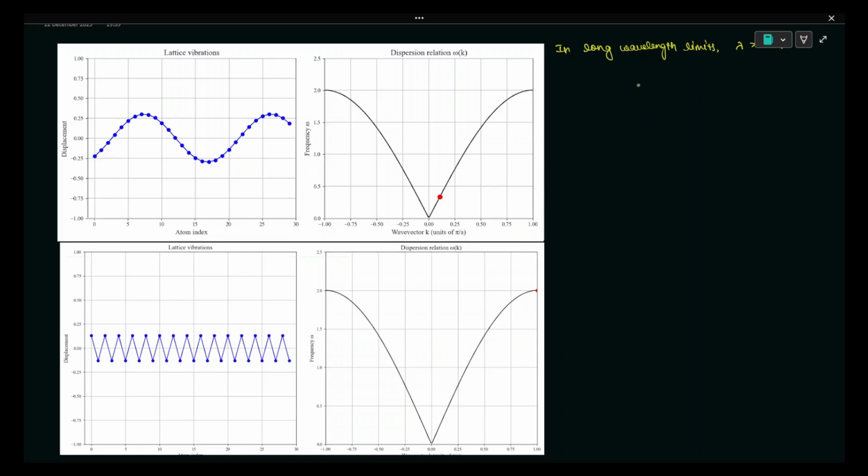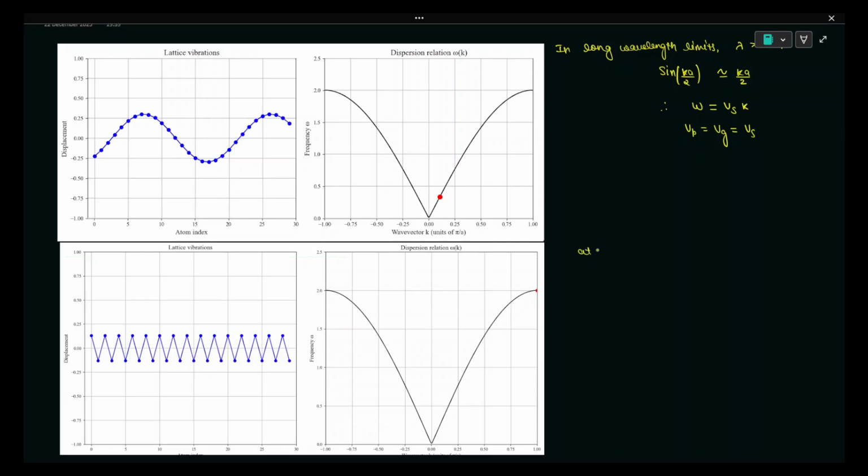We have seen that sin(ka/2) was nearly equal to ka/2. Therefore our dispersion relation was omega equal to vs times k, and we have seen that the phase velocity and group velocity were equal, and they were equal to the sound velocity in the lattice.